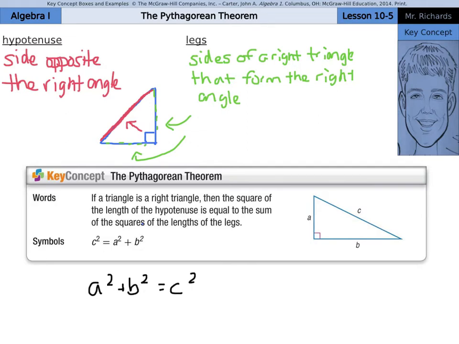It's the same thing, just written the opposite way, where c is our hypotenuse, and a and b are our legs. Being able to identify which sides are my legs and which side is my hypotenuse is very important when it comes to finding missing lengths in right triangles.